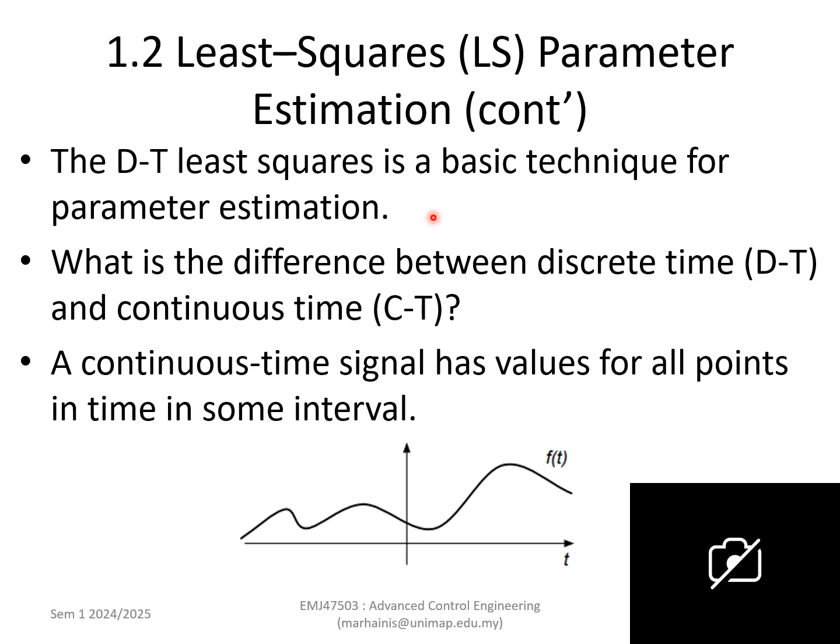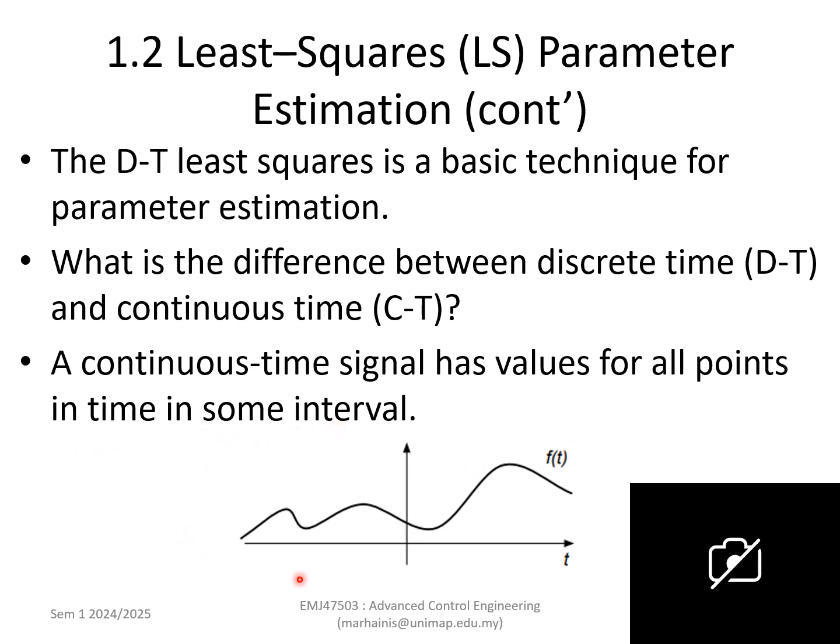Before that, what is the difference between discrete time or DT and continuous time CT? Okay, you have gone through this during the signals and systems course. So this is a revision because we will use discrete time equations for chapter 1. A continuous time signal has values for all points in time in some interval.